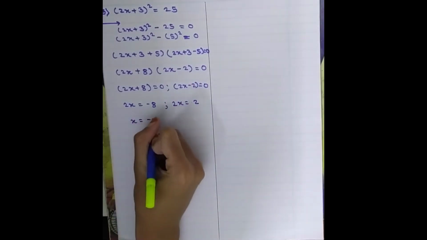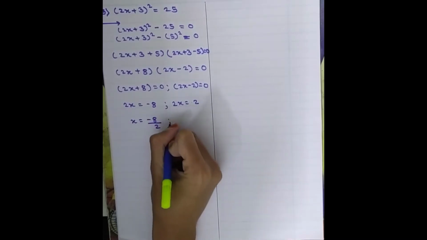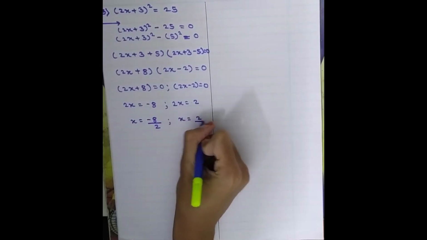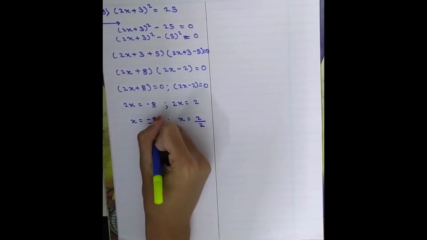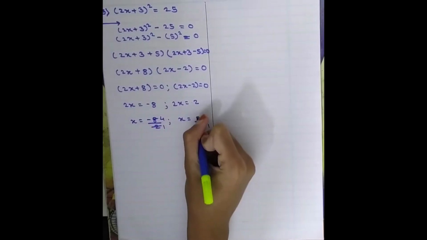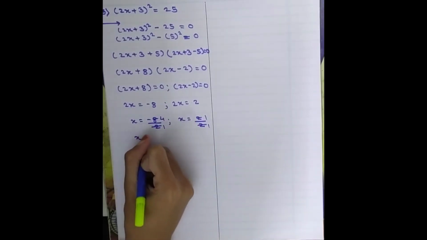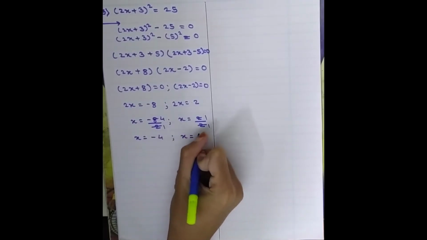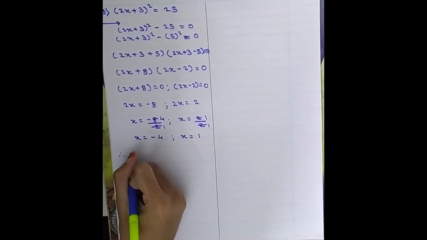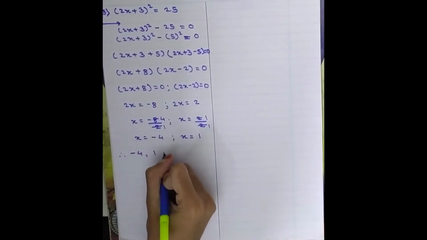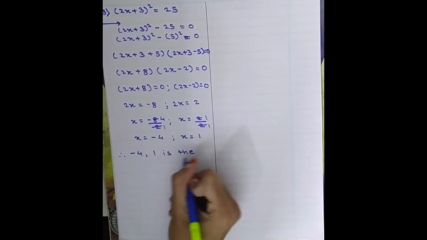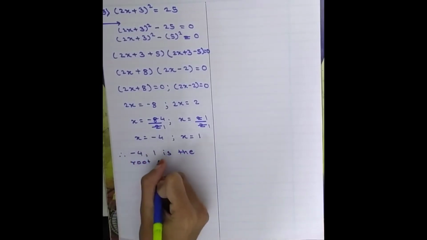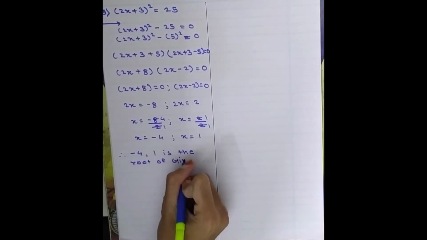So x is equal to minus 8 upon 2 and x is equal to 2 upon 2. So 2 fours are 8 and 2 ones are 2. So x is equal to minus 4 and x is equal to 1. Therefore minus 4 and 1 are the roots of the given quadratic equation.